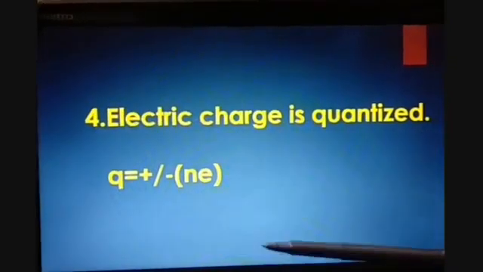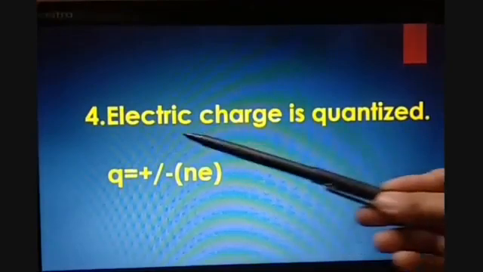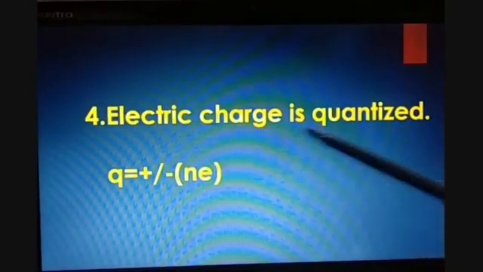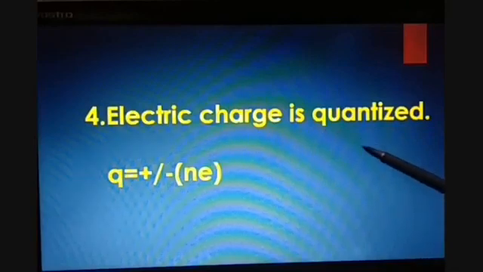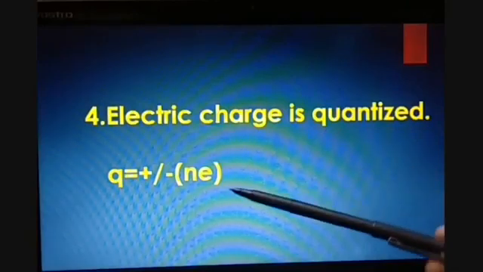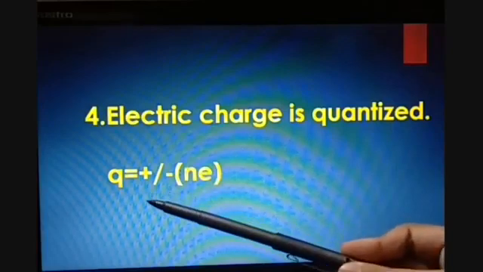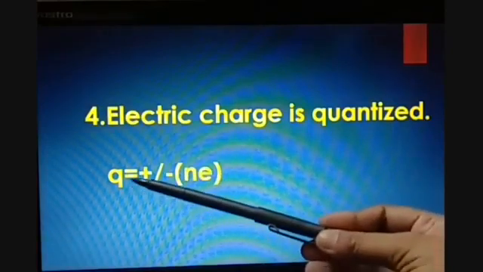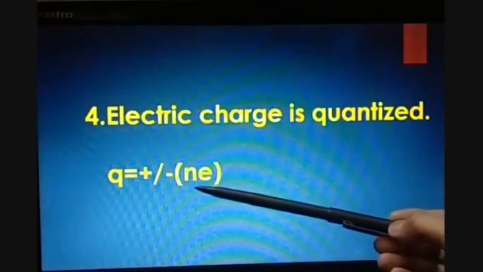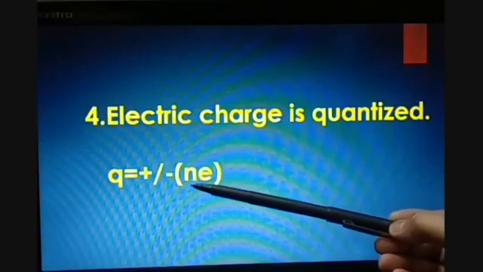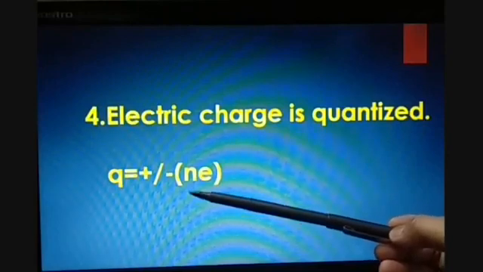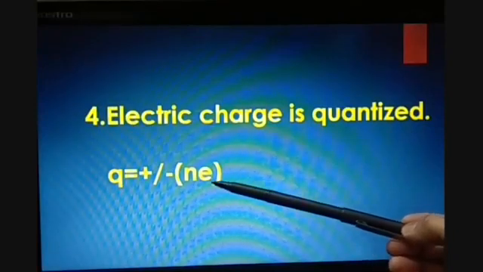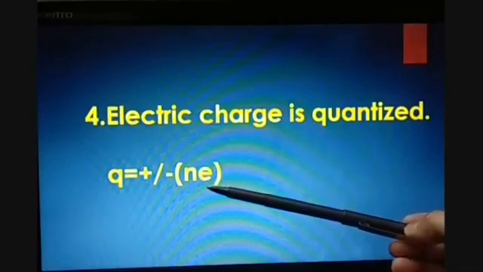Fourth electrical property of charge is that electric charge is quantized. And this quantization of charge is given by the mathematical equation Q is equal to plus minus Ne, where Q is the electric charge, N is the number of electrons transferred, as I told you that electrons or charge can be transferred, and e is the charge on one electron.